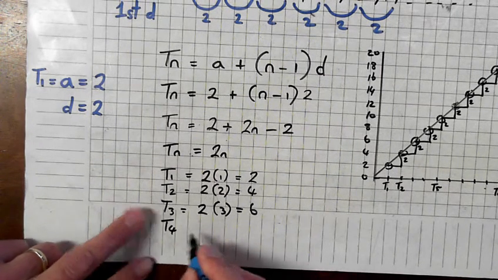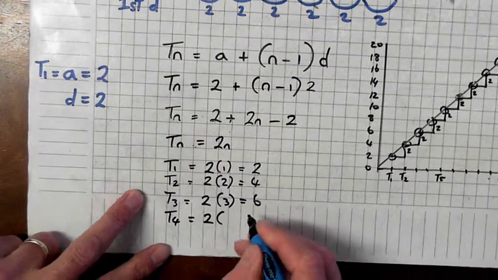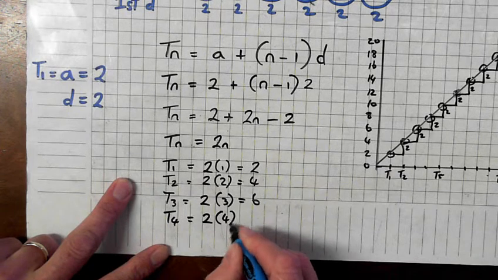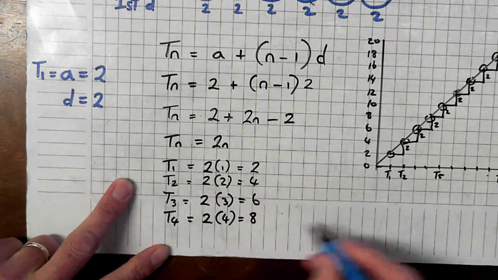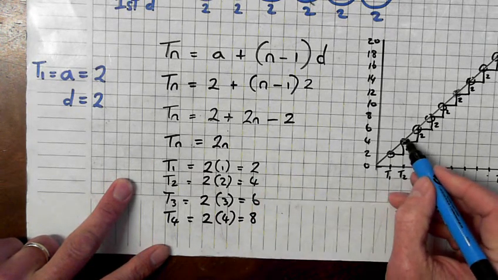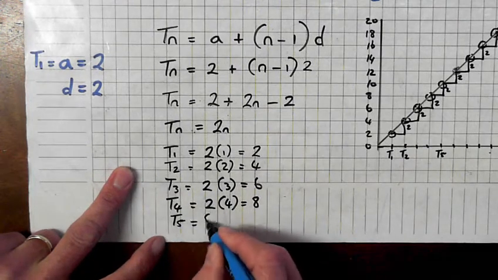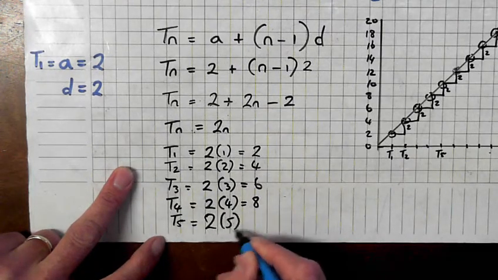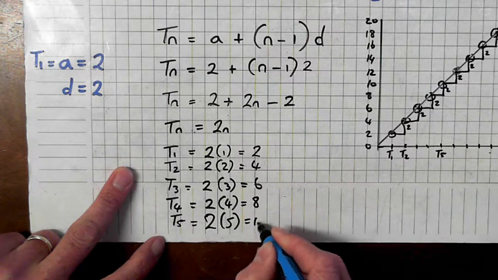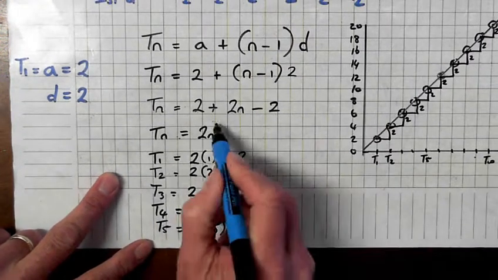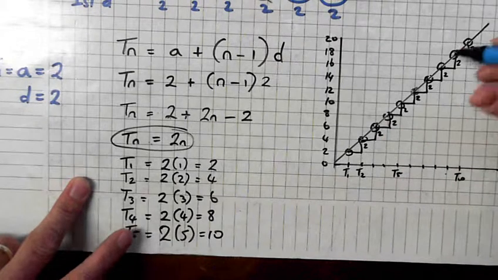What's T4? 2 times 4, which is 8. These are all the terms in my sequence, aren't they? 2, 4, 6, 8. T5 is equal to 2 times 5 is equal to 10. So this is my formula for this line.